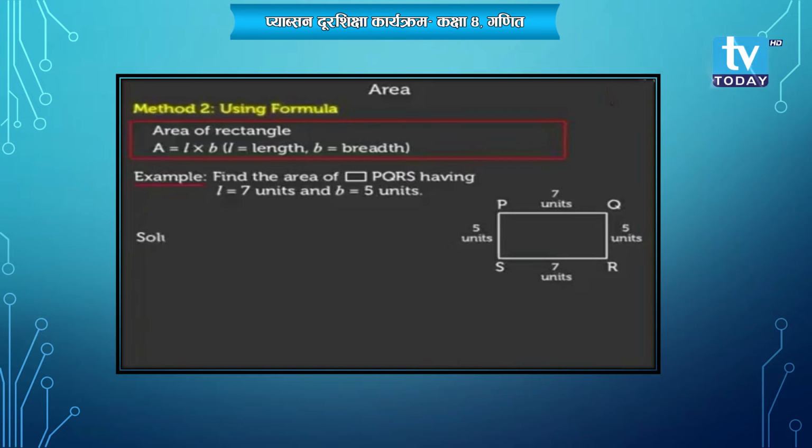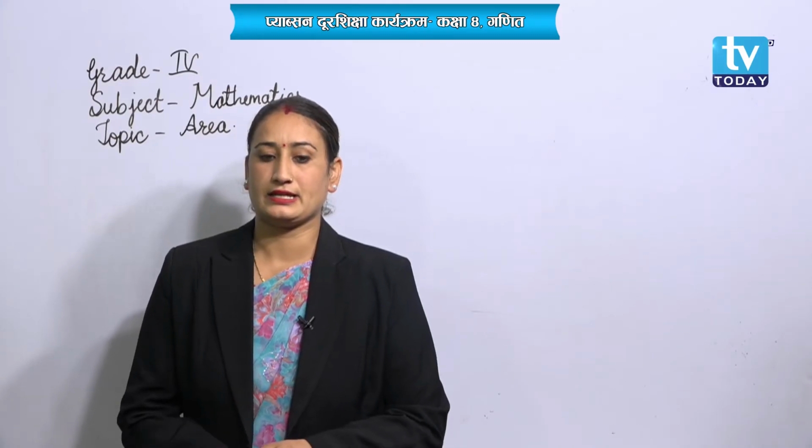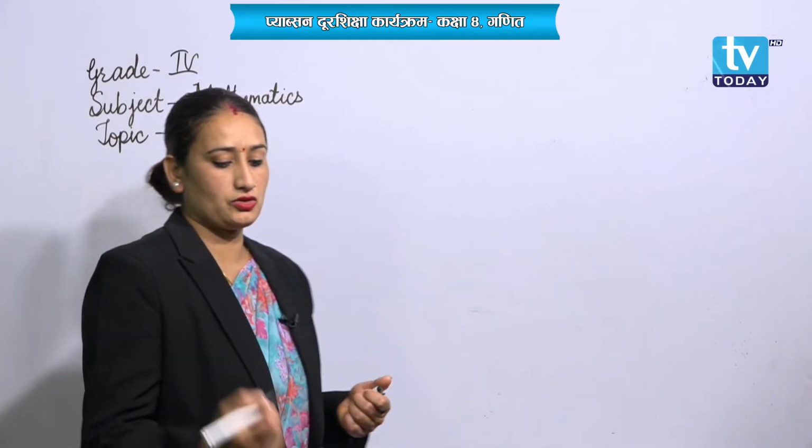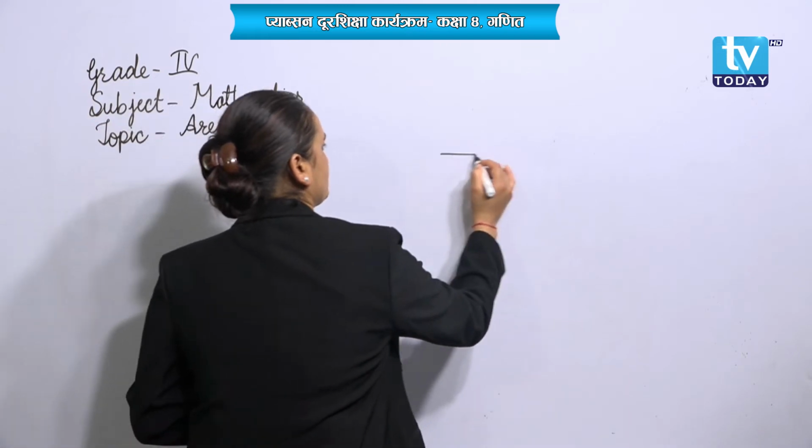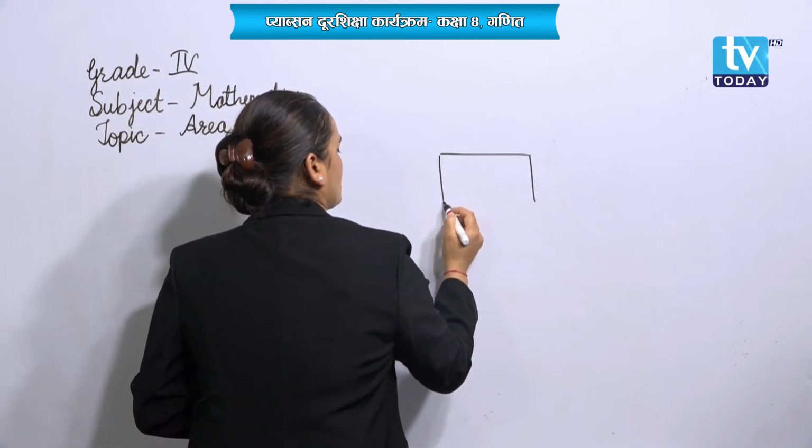L denotes the length, B denotes the breadth, right students? So here, find the area of rectangle PQRS having length equals 7 units and breadth equals 5 units. So have you looked?